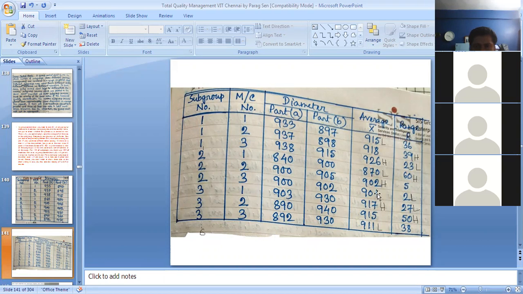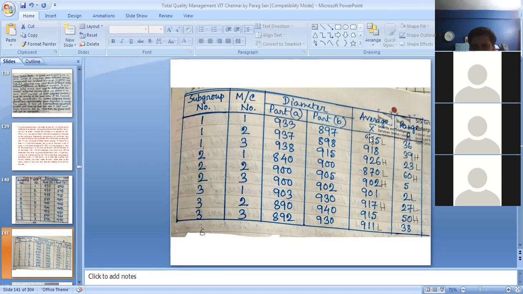Okay. So after calculating all the average values and all the ranges, your duty is to find out the highest value and the lowest value for the averages and the ranges for each subgroup, or each shift.